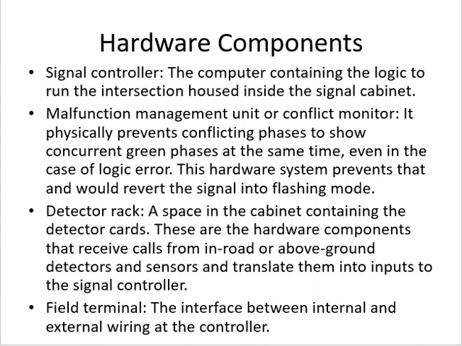Obviously that will create a conflict, because you are allowing two conflicting movements to enter the intersection at the same time. The programmer made the mistake, but the malfunction unit will detect that mistake and make sure the signal goes into flashing mode. So no movements are happening according to the signal in that case. The people would know that there's a problem and they will try to rectify it.